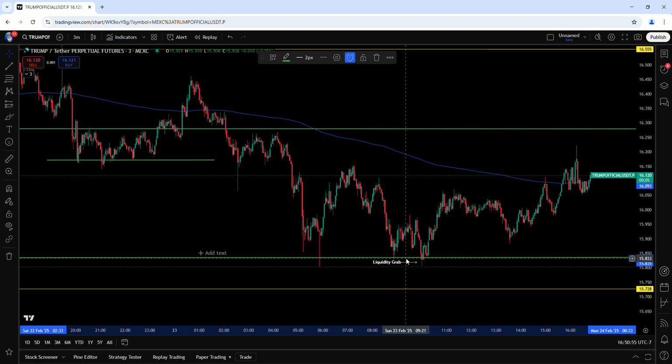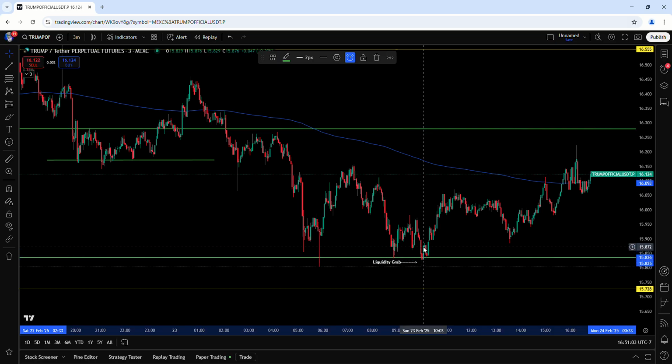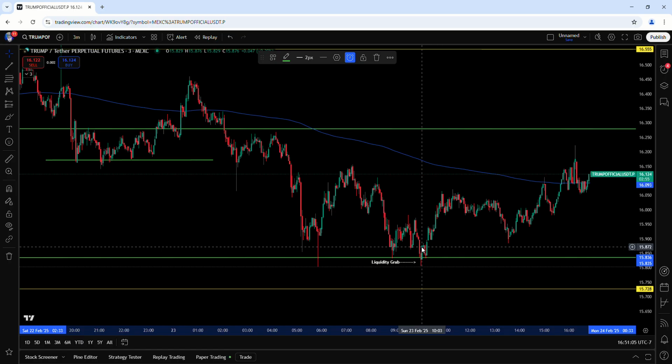Okay. See how price came down on this candle, and then this one on the 3-minute chart closed above. See, it closed up here, green, which is above this line. So we know now the market is showing us its hand. Now we know to take the long position. We know to get into that trade. That's how that works.